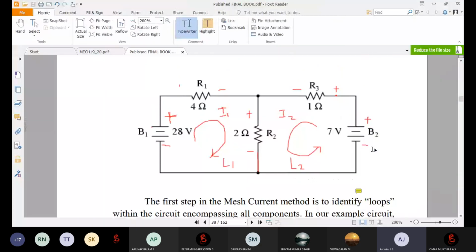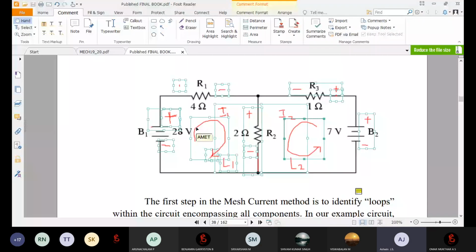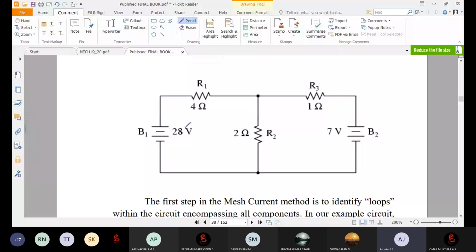So I will erase everything. Now tell me what value I have to give for the voltage. Anyone tell the voltage value? Give 21, sir. 21?